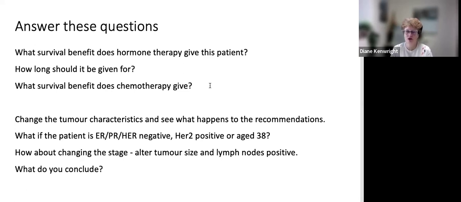Now play around with the predict tool and see what happens if she becomes younger, HER2 positive, triple negative, has an increased tumor size or lymph nodes positive. Try and see a pattern here, and what do you conclude about this tool and about treatment for breast cancer? This is just a thing that you can do to explore.